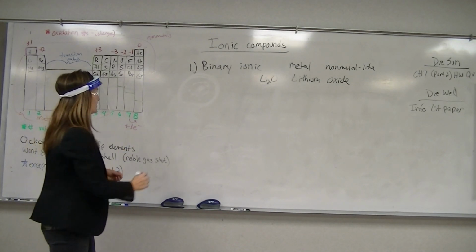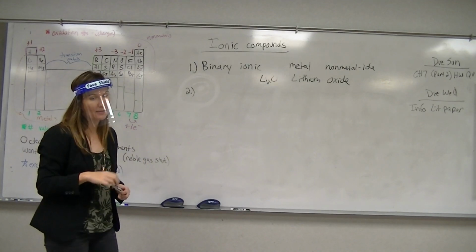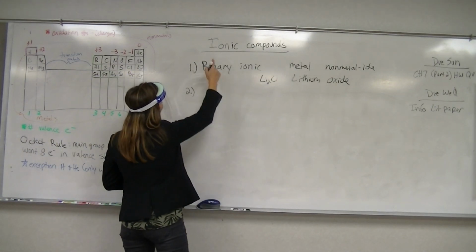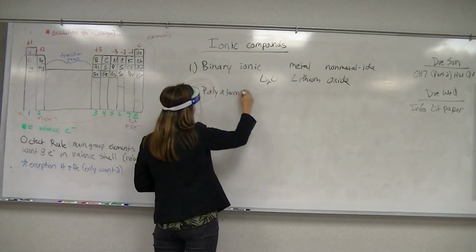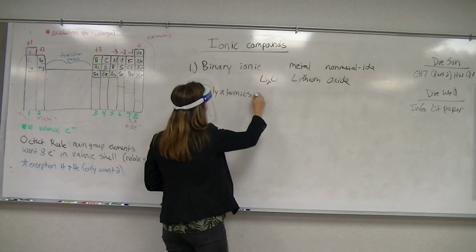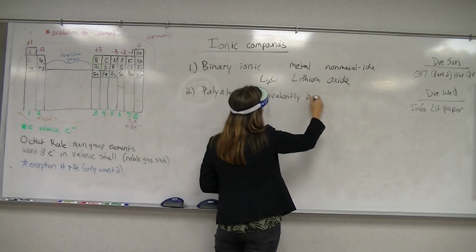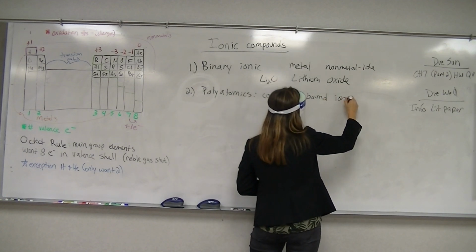So we're going to take it a step further, and I handed out a sheet. There's also one posted on Blackboard with some polyatomic ions on it. So we're going to look at naming ionic compounds that consist of polyatomics. And what a polyatomic is, it's covalently bound ions.